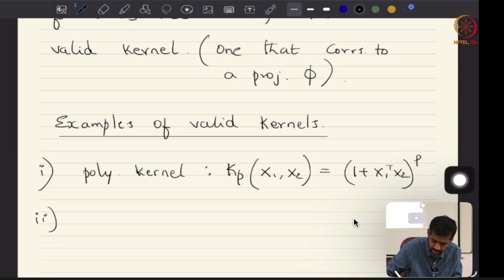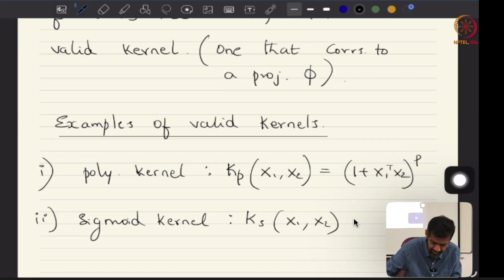And there is the Gaussian kernel. Let me write the sigmoid kernel. You take data points x1, x2 and this is equal to tanh of a x1 transpose x2 plus b.